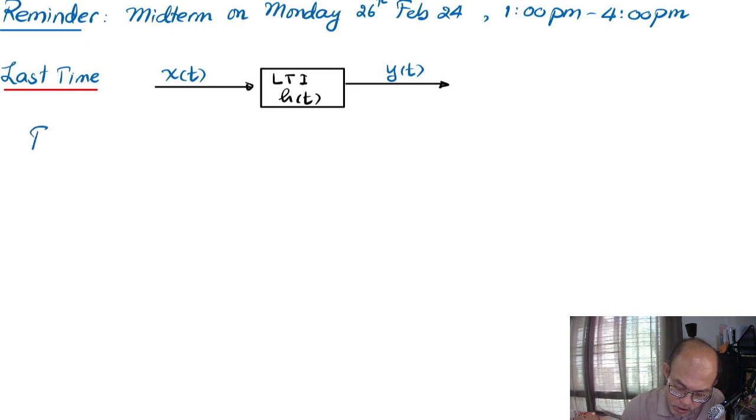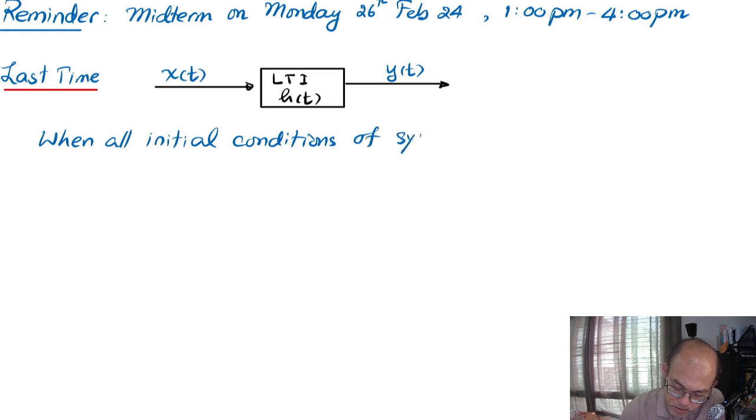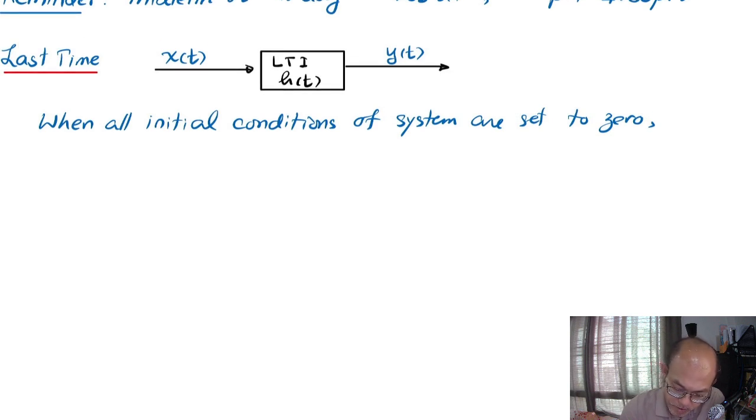So when all the initial conditions of the system are set to 0, meaning that the system doesn't have any initial states, the output y we will call the zero state response.